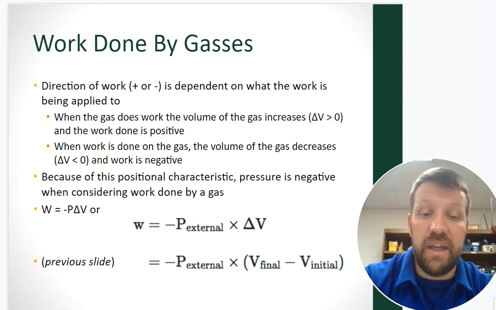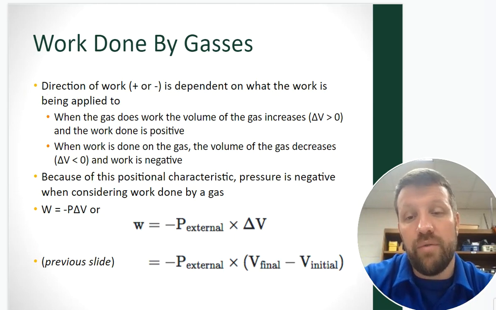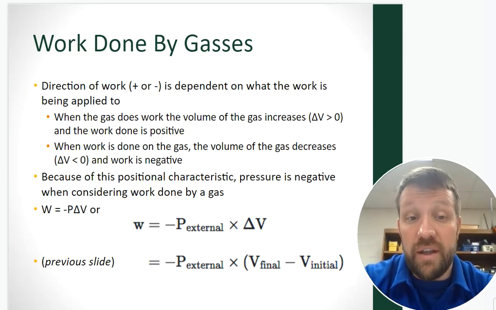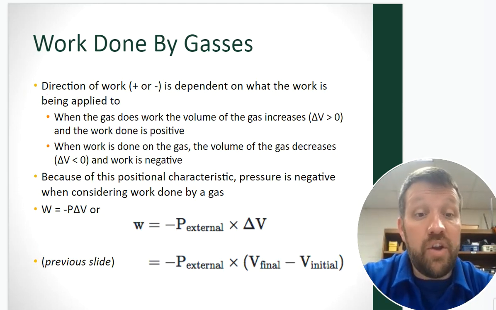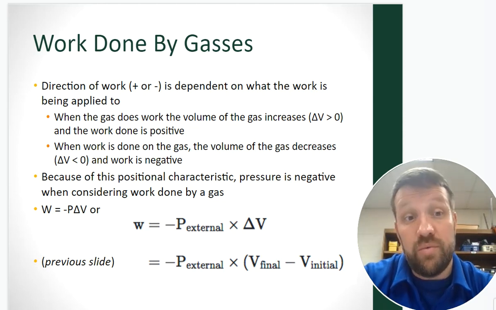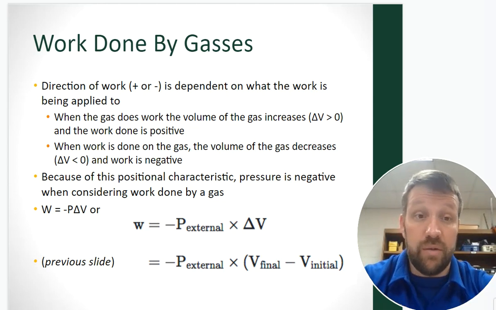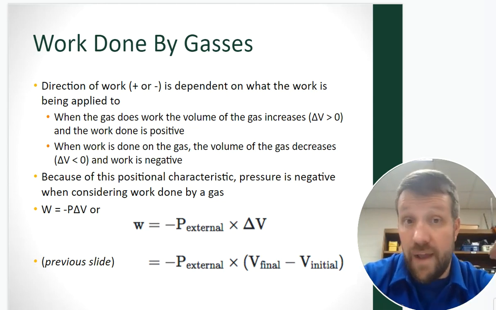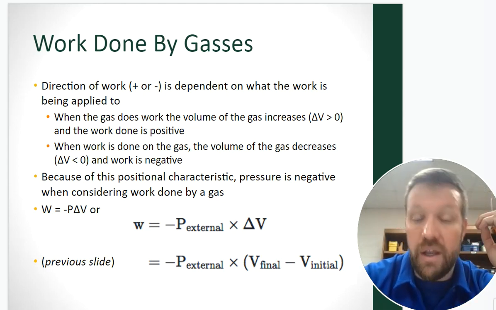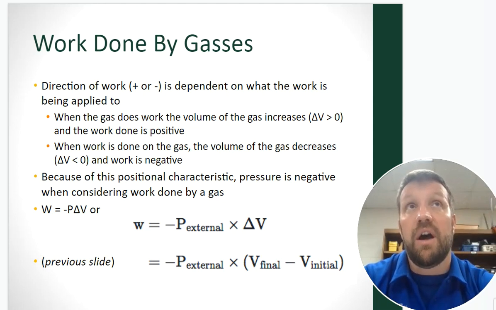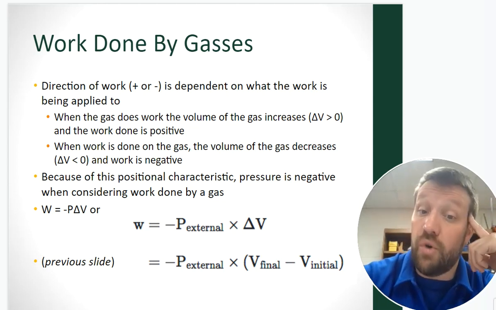And so we see PΔV there being the change in volume, and I mentioned we'd come back to this more, right? But so the direction of the work, positive or negative, is dependent on what the work is being applied to. So it's not going to be just positive x-axis is, or plus, and negative x-axis is minus, and so forth and so on. It's more the direction of this flow of joules overall.